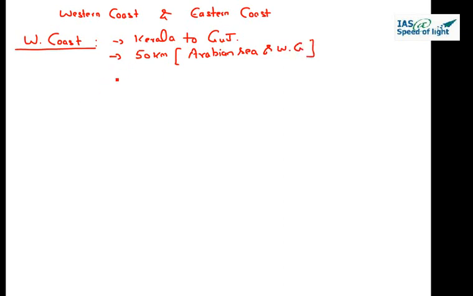We divide it into three parts: the Malabar coast, the Konkan coast, and the Gujarat coast.